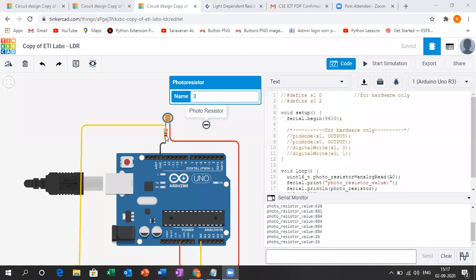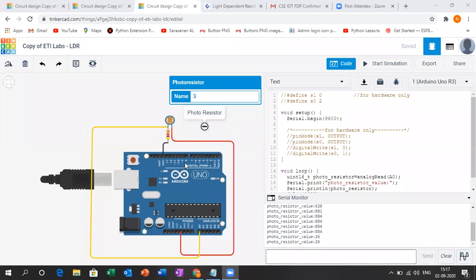I put a resistor between the LDR and the ground pin of the Arduino to limit the current, for better performance of the device. The connection is pretty simple, and we need to connect only the power supply and an analog pin to the Arduino.